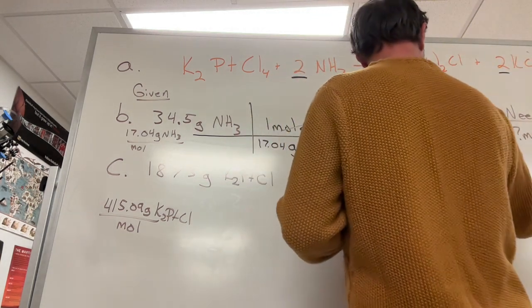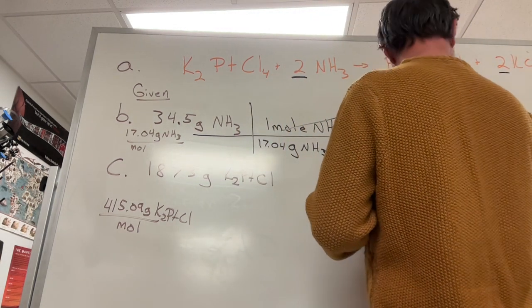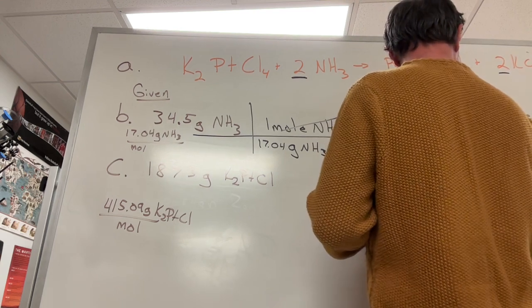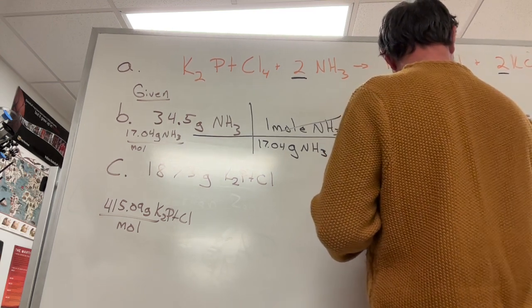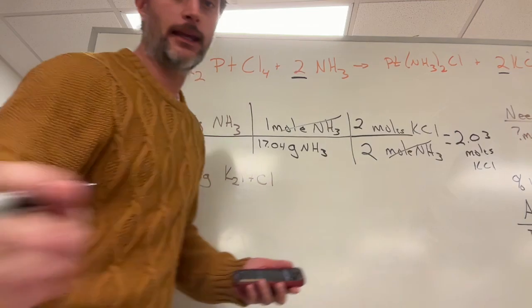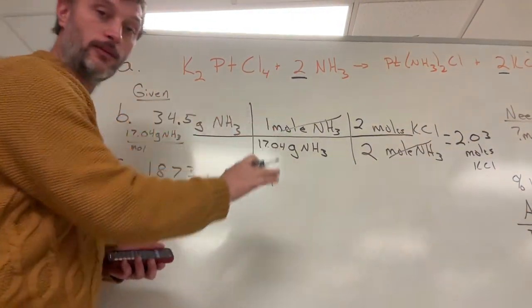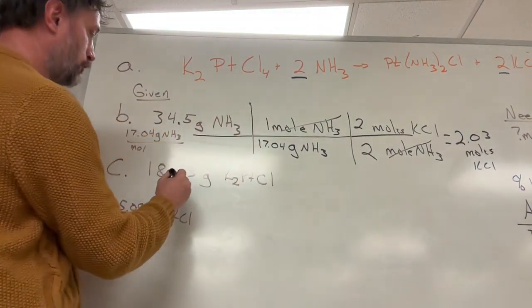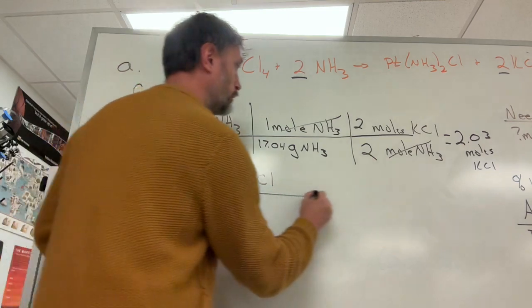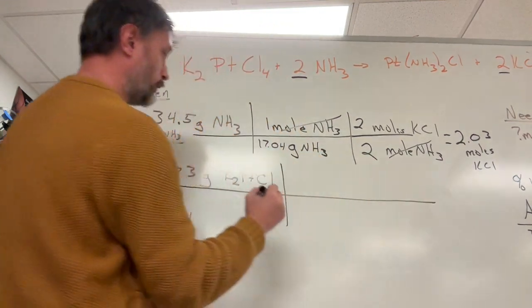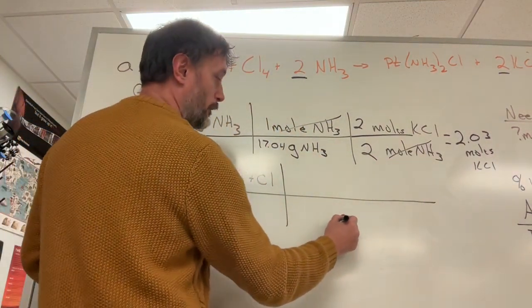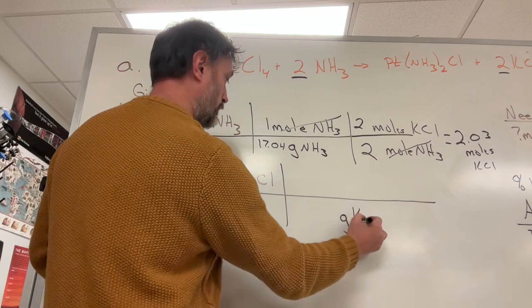So that is 2.03 moles KCl. And again, that tells me if I use all of that NH3, I can make 2.03 moles of KCl. So if we take that back to our sandwiches, I can make 2.03 sandwiches.